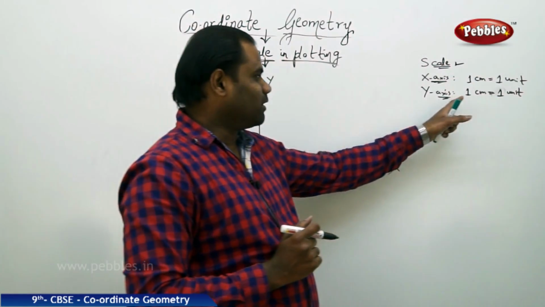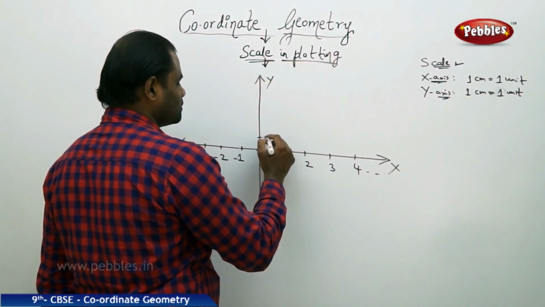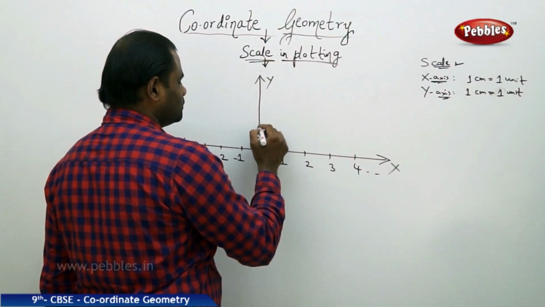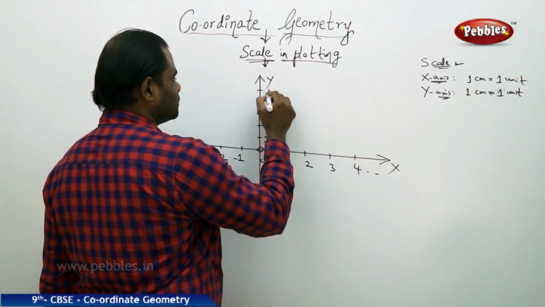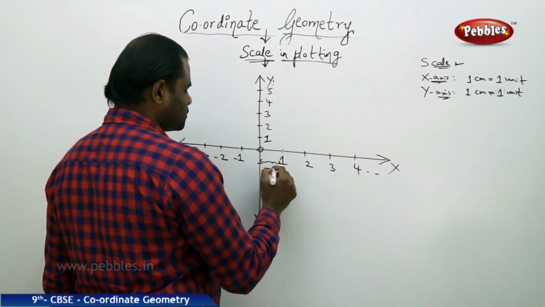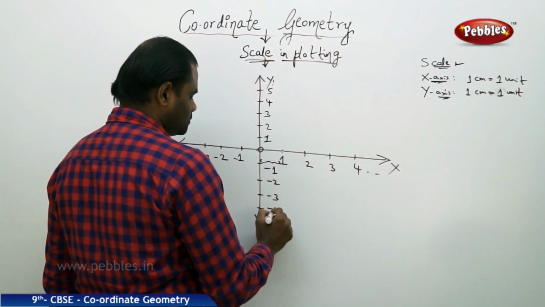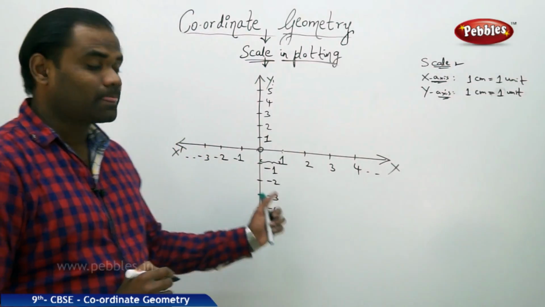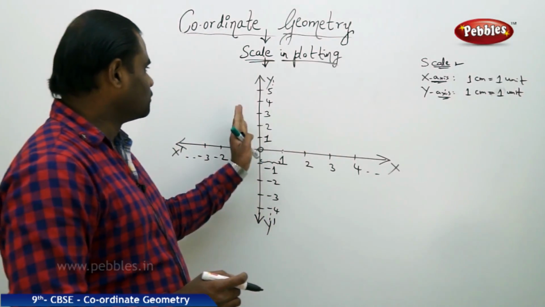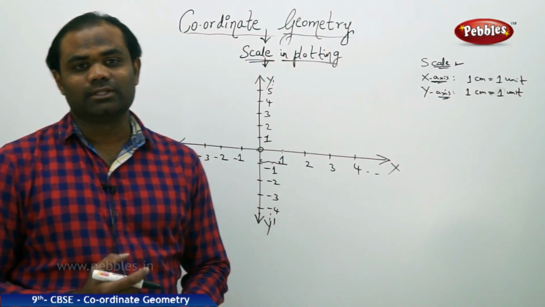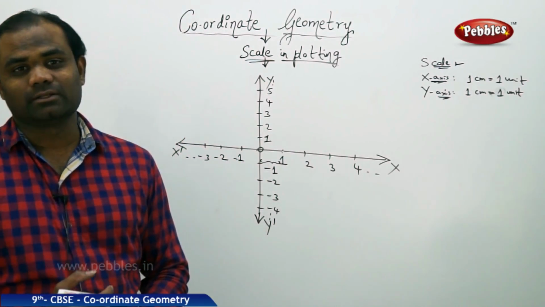Because I also refer my y-axis with 1 centimeter equals 1 unit, I have this to be 1, 2, 3, 4 and 5, and this would be -1, -2, -3, -4, and so on and so forth. So I have each of the coordinates plotted on the scale of x and y axis. This is how we plot the scale.